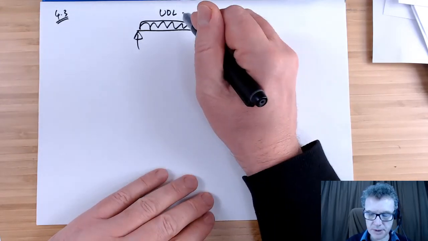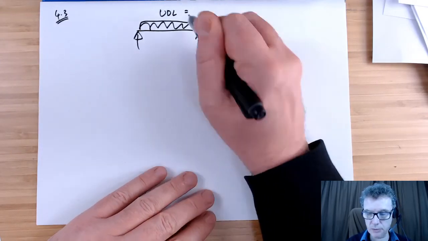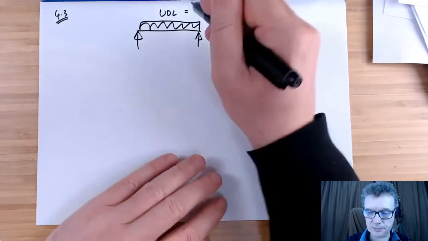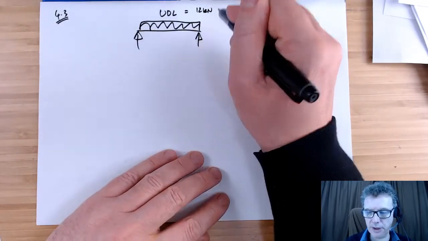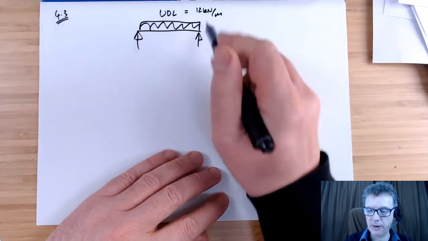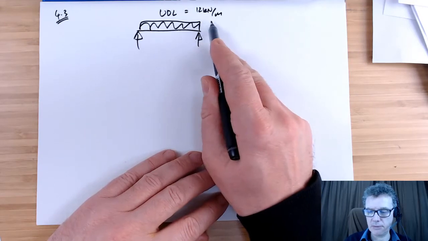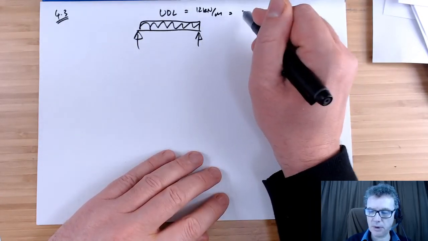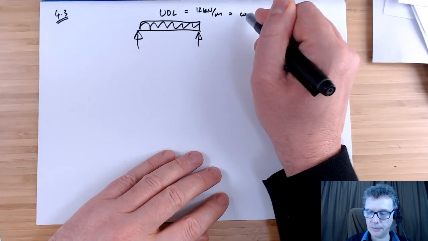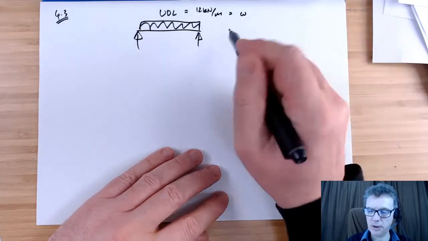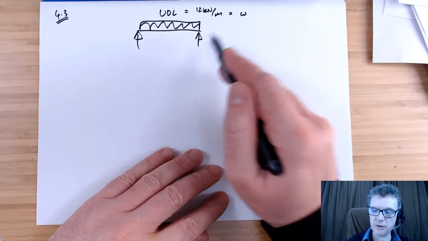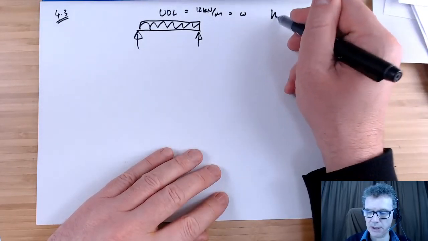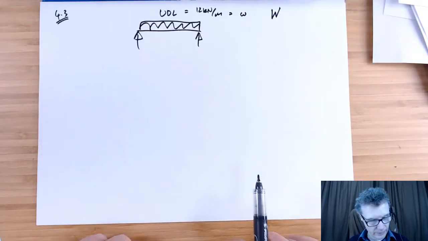And I'm going to represent the UDL, which would be, I don't know, 12 kilonewtons per meter. That value I will use to represent by little w. Why little w? Because the weight of the UDL will be big W. Okay.